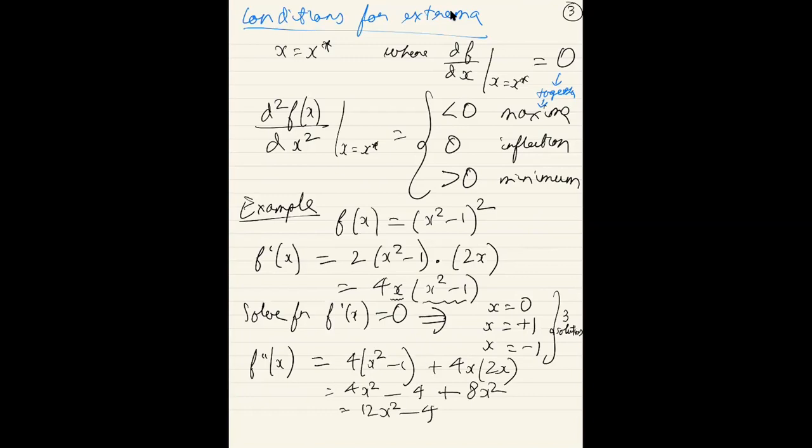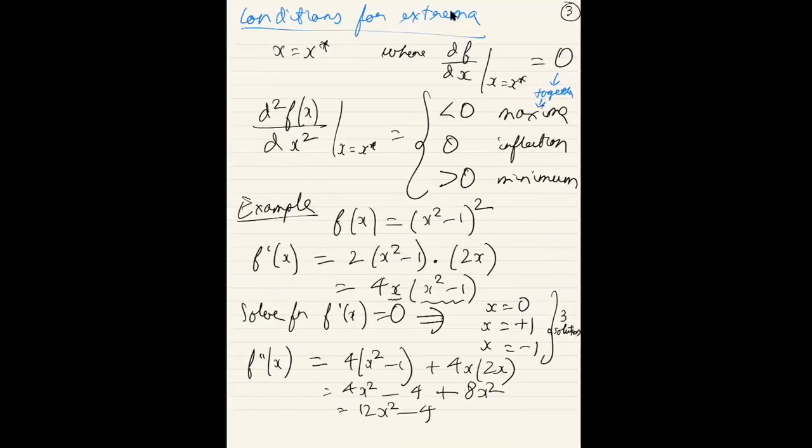So now let's calculate our f double prime of x for this function at different values of x, when we are interested in specific values where we are going to check, right?